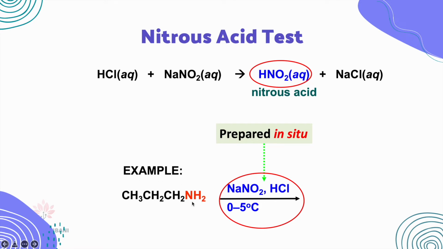So that means amine reacts with NaNO2 in the presence of HCl, absence of heat. The temperature must be 0 to 5 degrees Celsius. Not amine plus HNO2, wrong. Amine reacts with NaNO2 and HCl because HNO2 must be prepared in situ during the reaction.